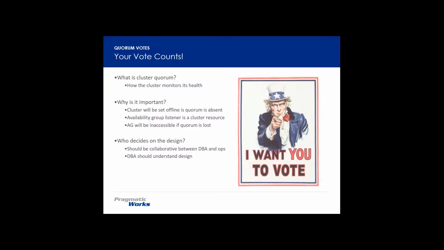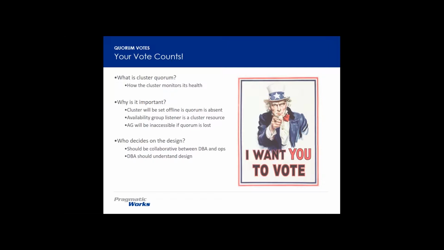And quorum votes is the first one. The reason I mark this first is because I would say it's the most important. It's also the most difficult to get right. I know I've certainly worked at places like this, and I suspect some of you have as well, where there's a real divide between the database admins and the operations side of the house.